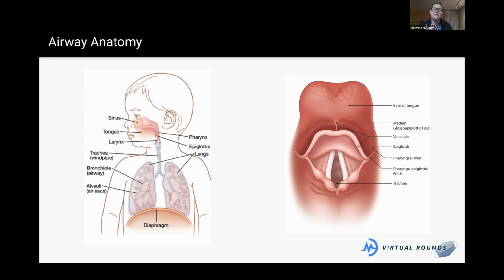You can feel it on yourself when you're talking. It's the thing that vibrates, and you can also feel the cartilage that sits over your larynx. That's called the thyroid cartilage, the Adam's apple, if you know it as that. So that's the larynx, and that's what we're concerned about here with croup.